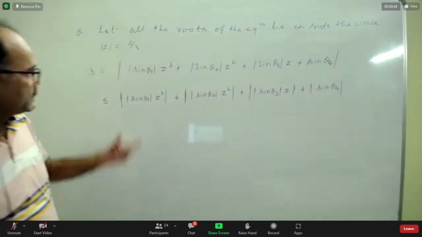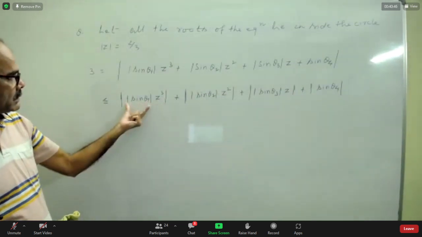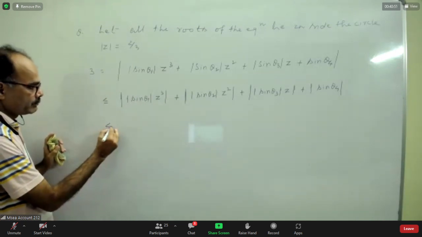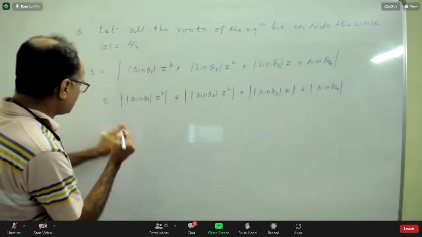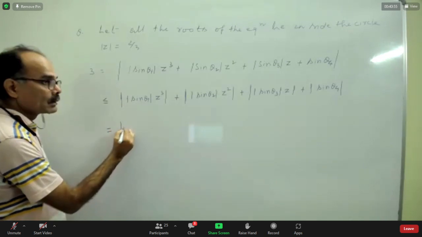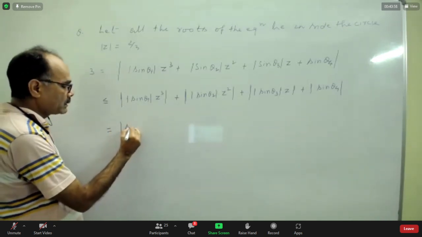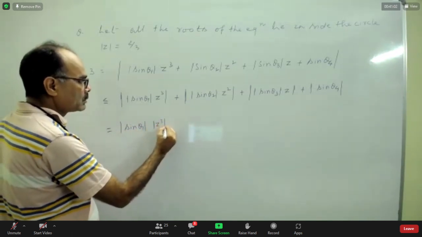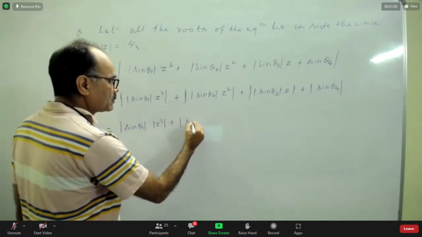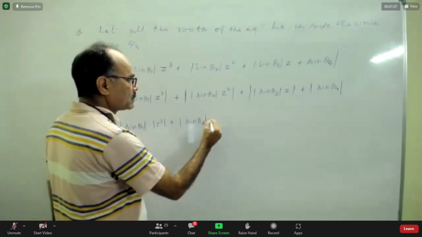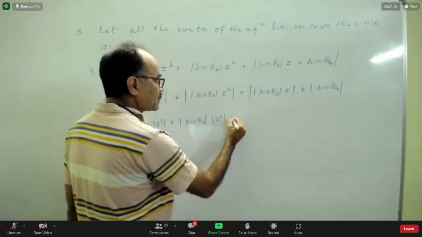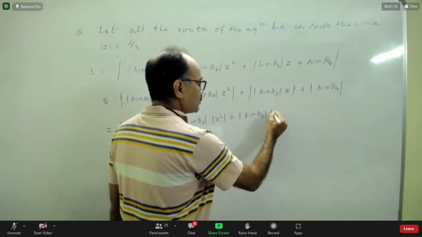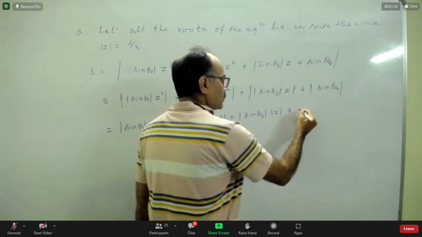Okay. Now assuming this is z1, this is z2, mod of z1 into z2 is mod z1 into mod z2. This is equal to mod of sin theta 1 into mod z cube, mod of sin theta 2 mod z square, mod of sin theta 3 mod z, mod of sin theta 4.